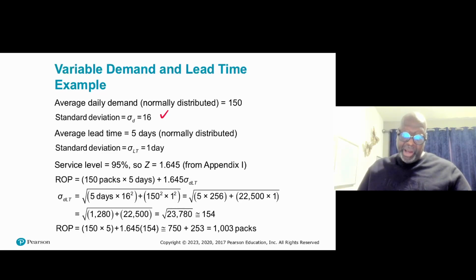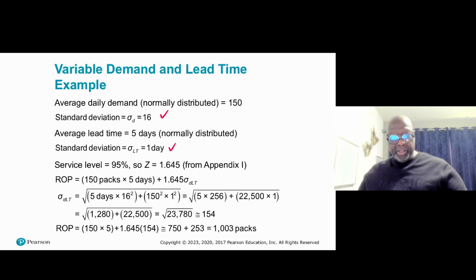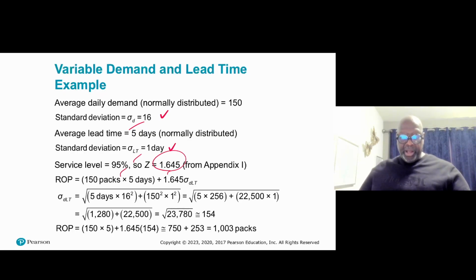So you notice that the demand is variable, the standard deviation of the lead time, and the standard deviation of the demand are given. Service level 95%, Z is 1.645.